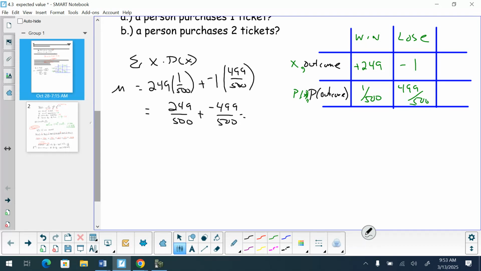So when we add these together, we get -250 out of 500. So we have a -0.50 per ticket.